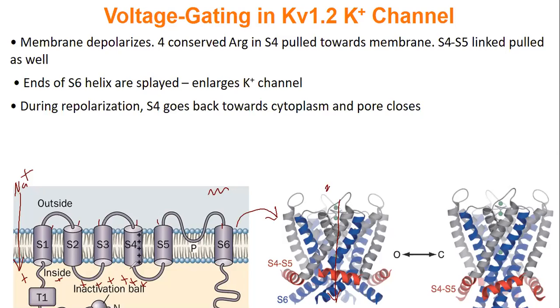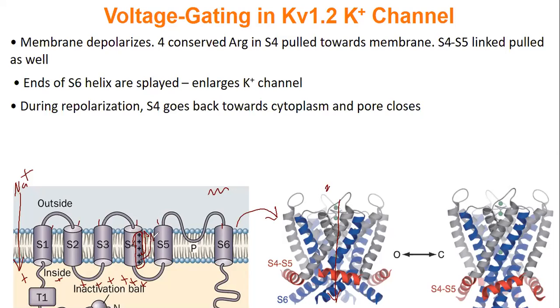So when the inside of our cell becomes positively charged, on our 4th helix there are 4 conserved arginines. Arginines are positively charged. So if the inside becomes positive, these arginines want to move away from that.